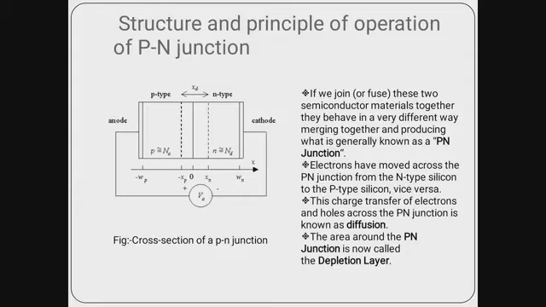They leave some immobile ions across the PN junction. If electrons are moving from the n to the p side, then they will leave positive immobile ions. Similarly, when holes are moving from the p to the n side, they leave negative immobile ions across the junction.